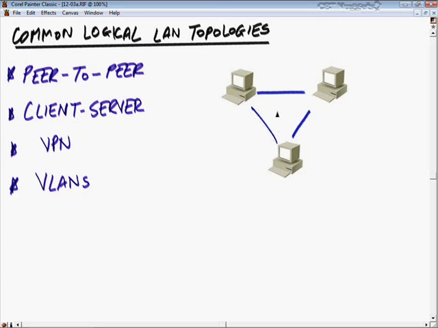Now, they could use a logical bus or a physical bus or a hub, but the bottom line is, if they shared files with each other, the files were stored locally on the host system. If a user logged on to a particular host, those user credentials, the username and the password, were stored on a local database.